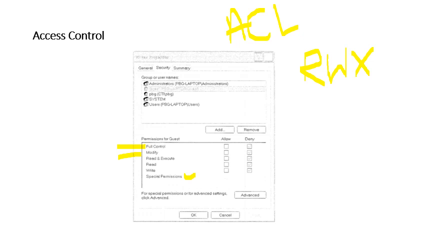Even for directories, some different kinds of permissions will be allocated.